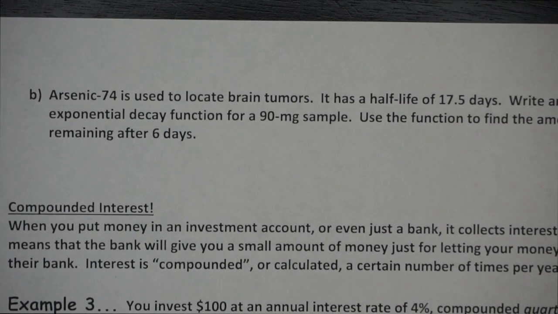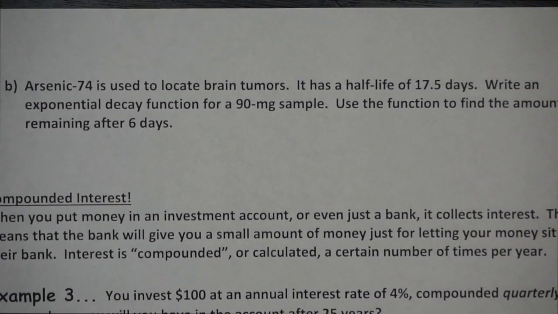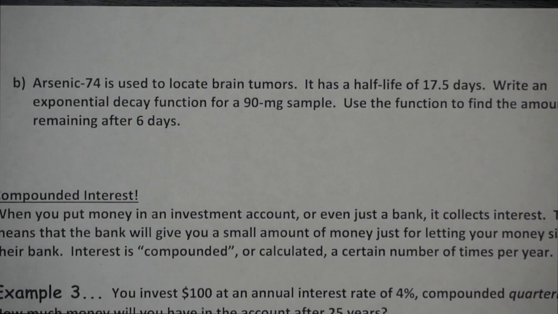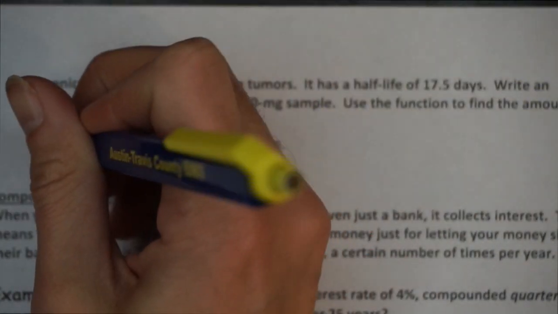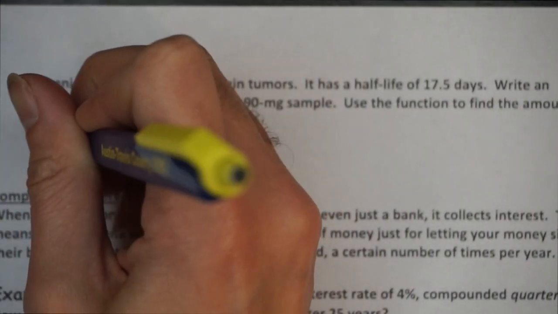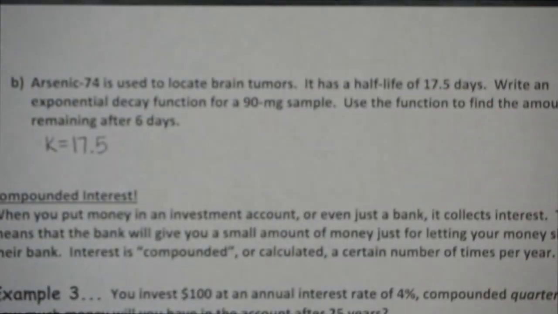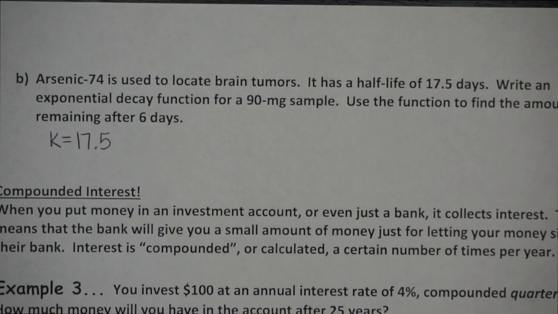Here's another one with arsenic. Example B: arsenic is used to locate brain tumors. It has a half-life of 17.5 days, right? That's your k value. Remember, k value is the half-life, 17.5 days. Write an exponential decay function for a 90 milligram sample.